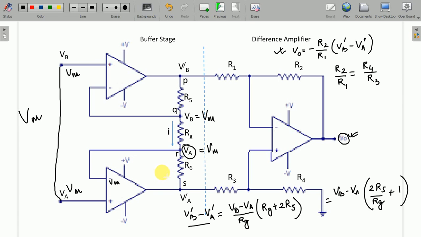So if a common mode signal VM appears across VB and VA, then point Q and point R will also be at VM. Both stay at VM.